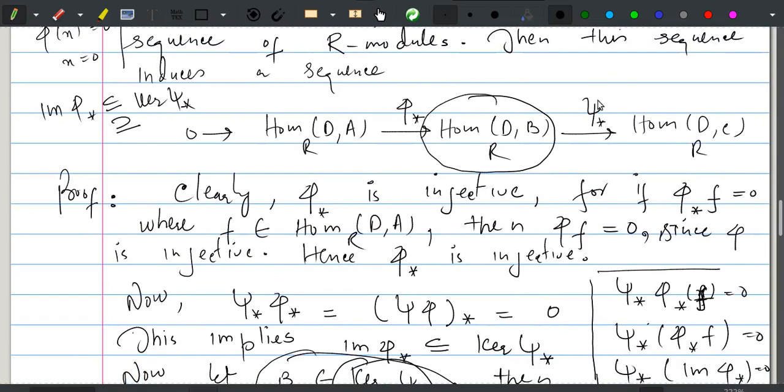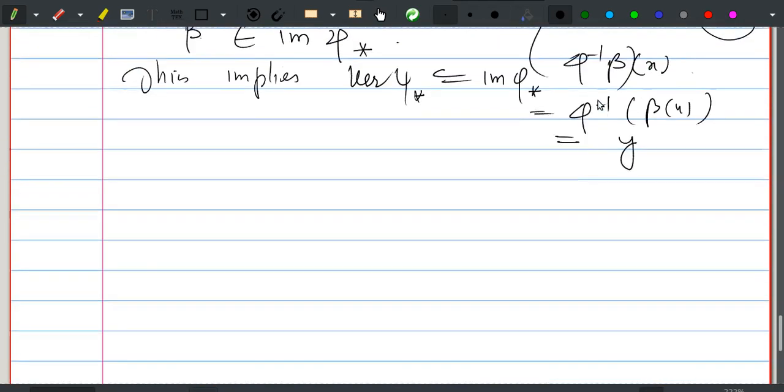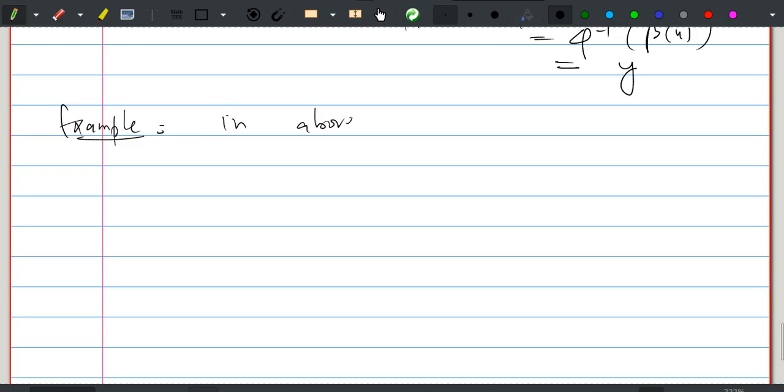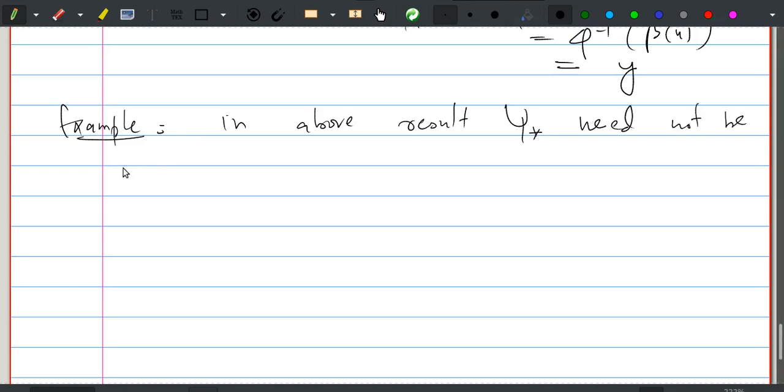but it is not necessary, because if we look at this exact sequence, this is an example. In the above result, psi star need not be surjective, because let us look at this exact sequence.